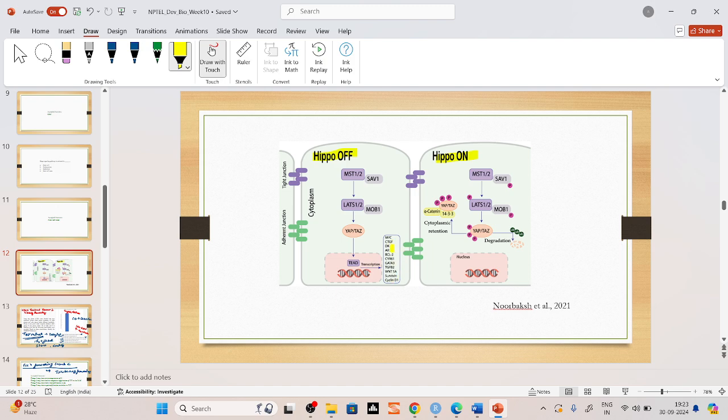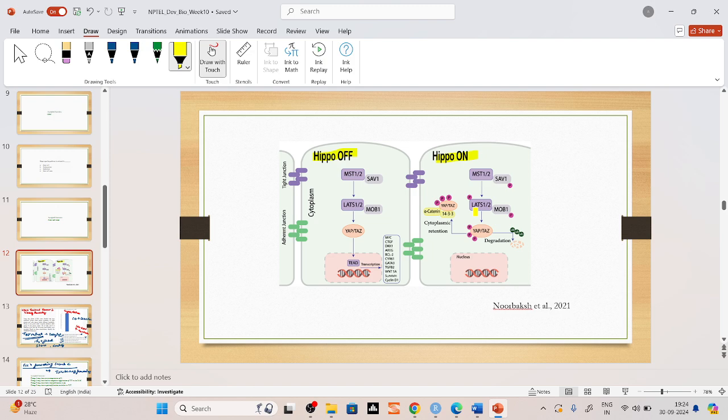That means transcription happens. So when the Hippo signaling is off, transcription is taking place, because YAP or TAZ can go inside the nucleus and TEAD can then start the transcription process.